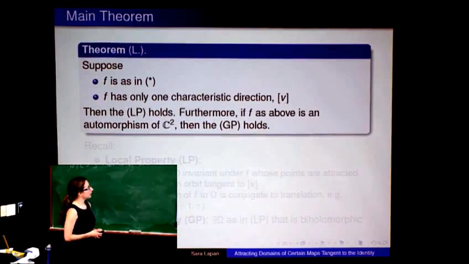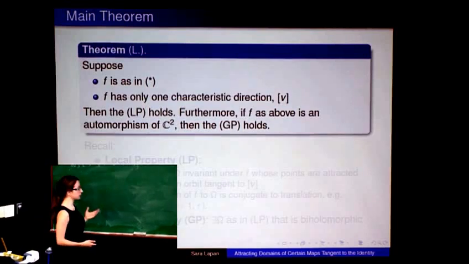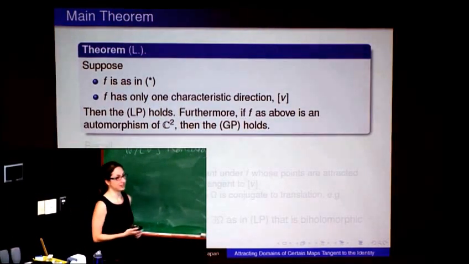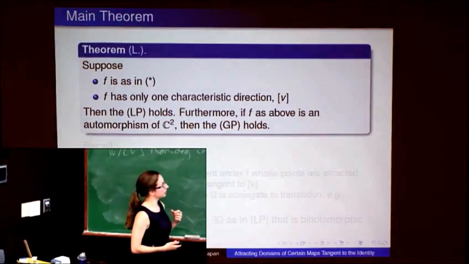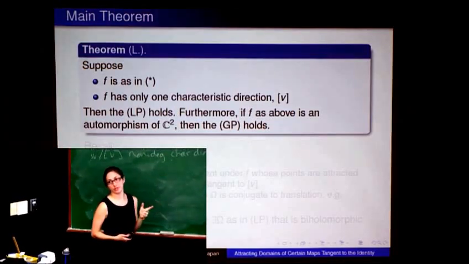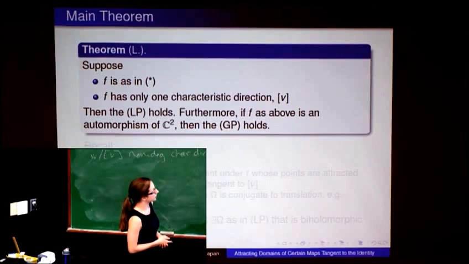Again, we're supposing f is a holomorphic germ tangent to the identity of order k and non-degenerate characteristic direction. But now we're assuming that there's only one direction. Then the local property holds.